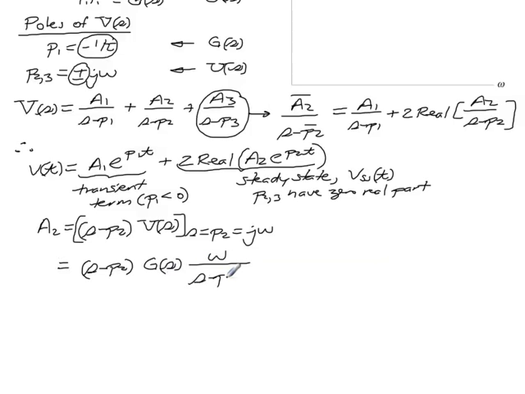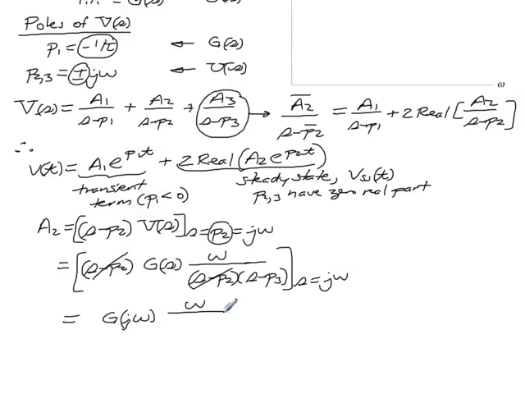And if we factor out that form, S minus P2, S minus P3, and again, we evaluate that at S equal to j omega. That's simply because that's what P2 is. So that cancels with this. We get G evaluated at j omega.